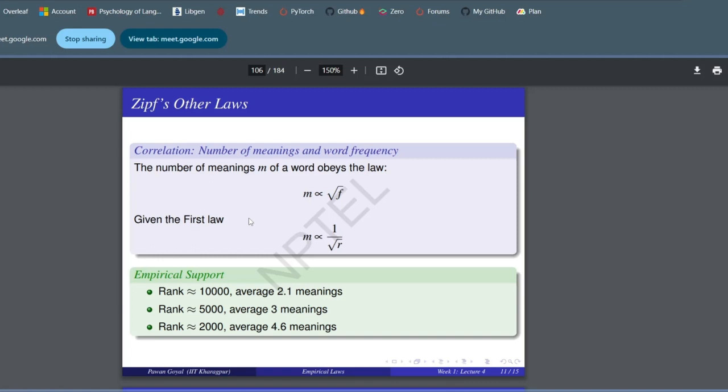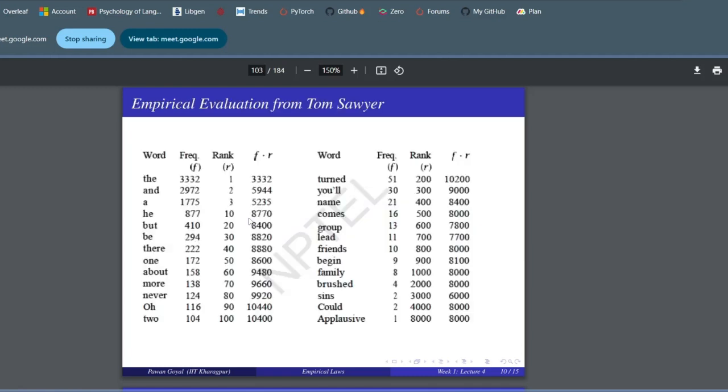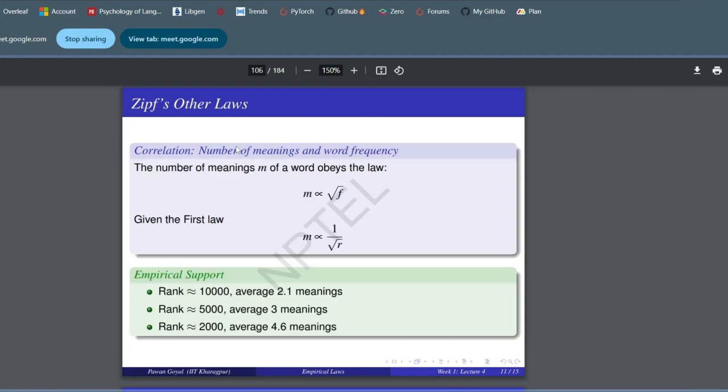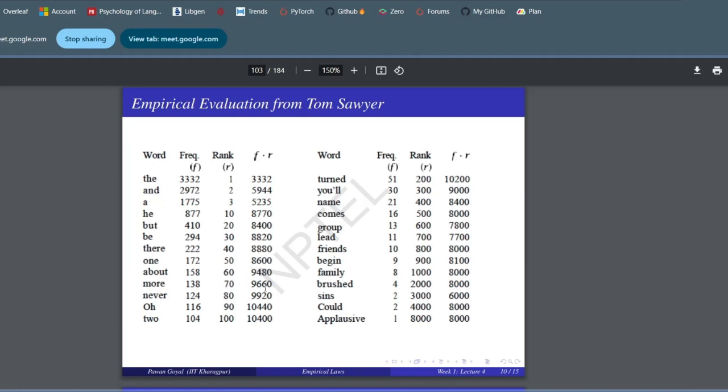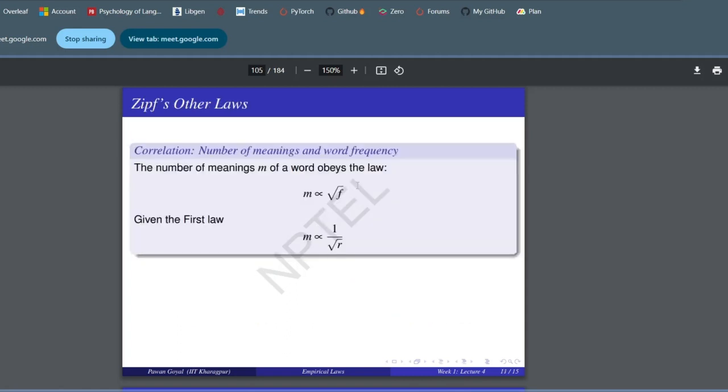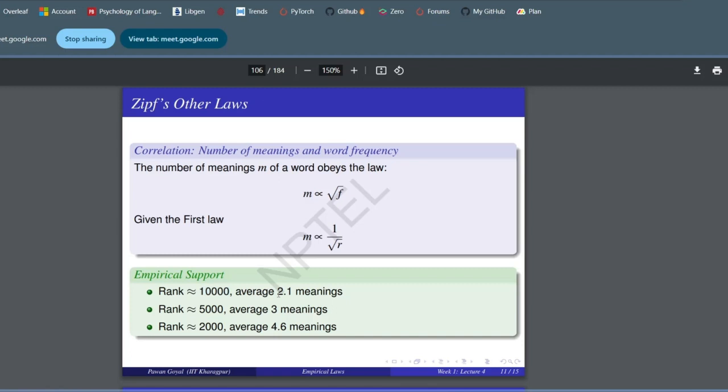Okay. So empirical means the source is from an experimental setup. Maybe the empirical evaluation was done on a corpus like Tom Sawyer. If you see a word with rank 10,000, it's not shown here, but generally you can observe that it would have about two meanings.